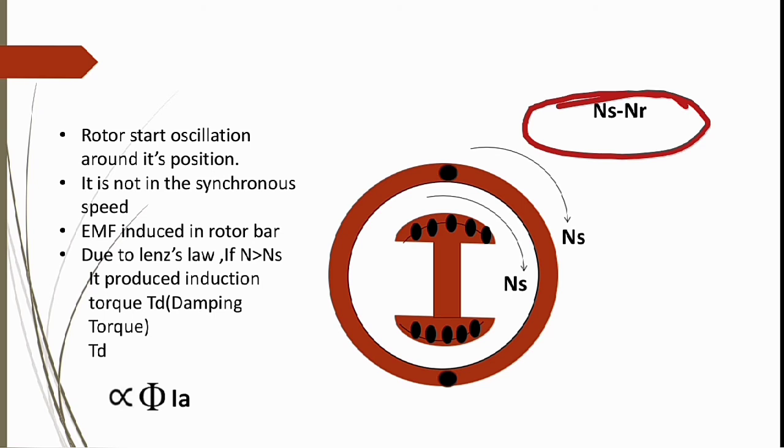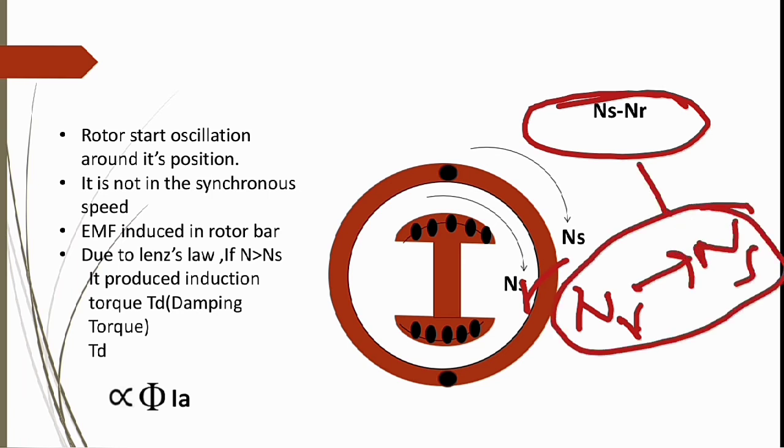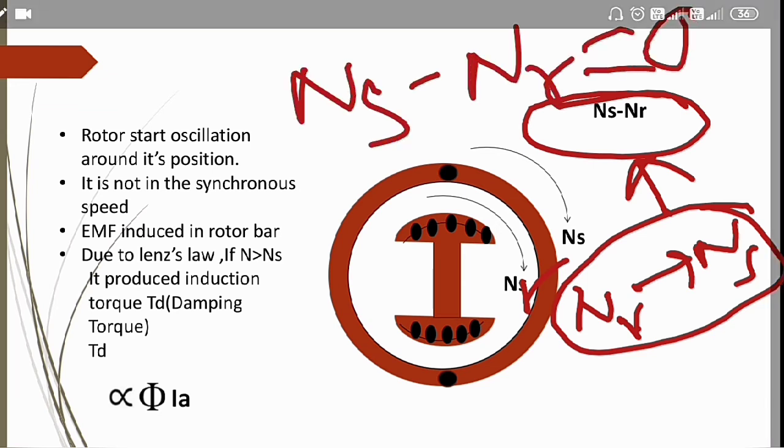Because of this the EMF is generated. So what does the EMF do? It opposes the relative speed and eliminates ns minus nr. Here nr wants to become ns actually. In this way it eliminates ns minus nr, giving ns minus nr equal to 0.